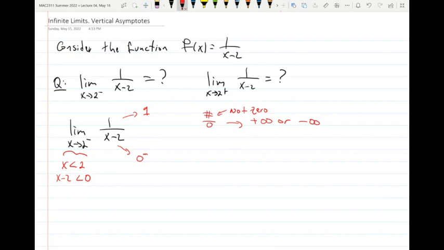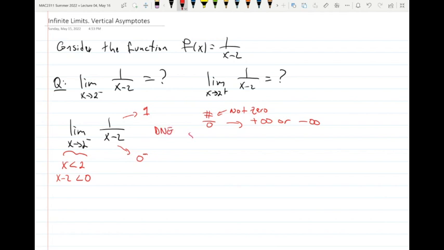This still means that the limit does not exist. But there is further information here. This is different from the gap example. Here it does not exist because the function keeps going non-stop. So instead of saying it does not exist, what we say is positive infinity, or in this case, negative infinity.